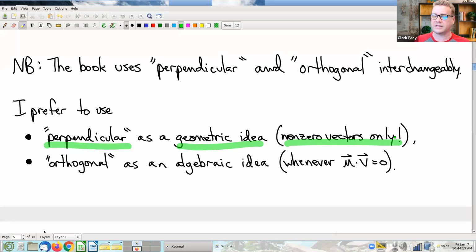The zero vector does not point in a direction, right? And then I would use the word orthogonal for this algebraic concept, namely the dot product being zero, which, again, for non-zero vectors means the same thing, but this more general thing also works for the zero vector.